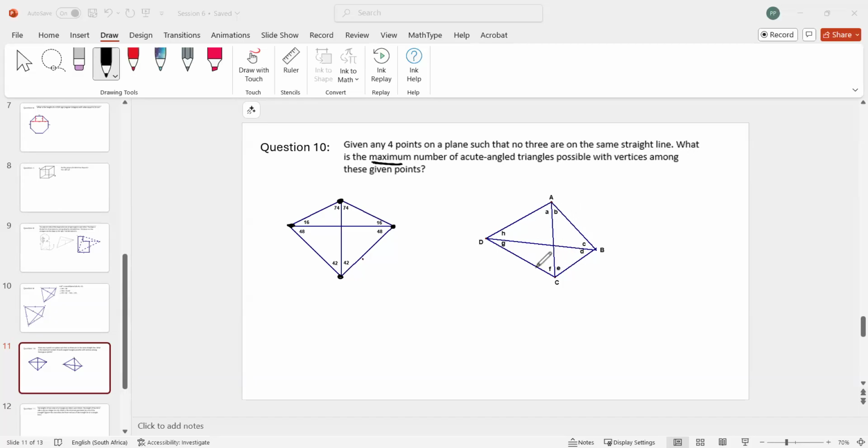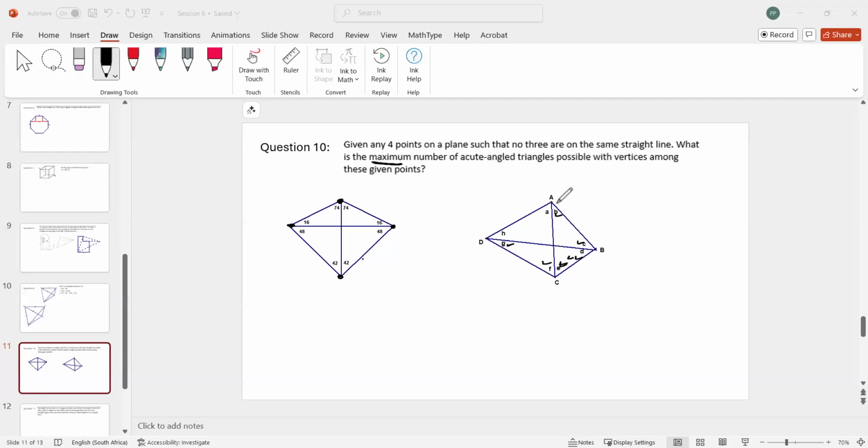Now, if I call this A, B, C, D, E, F, G, H, I want you to do this as an exercise. Just add up all the angles of these 4 triangles, right? If you add up that one, that one, that one, that one, that's in one triangle. Then if you take the side triangle here, you have that one, that one, that one, that one.